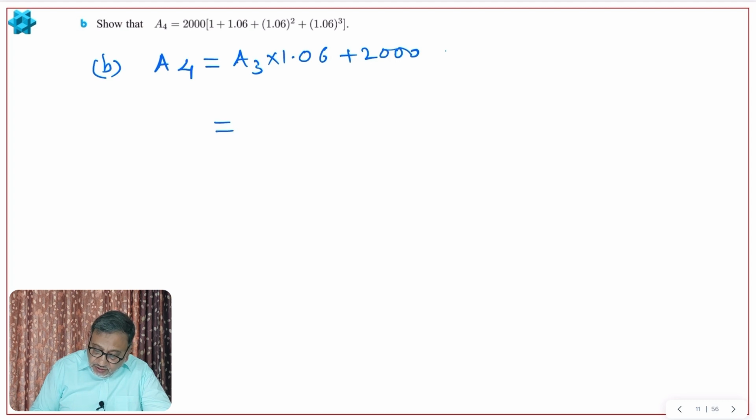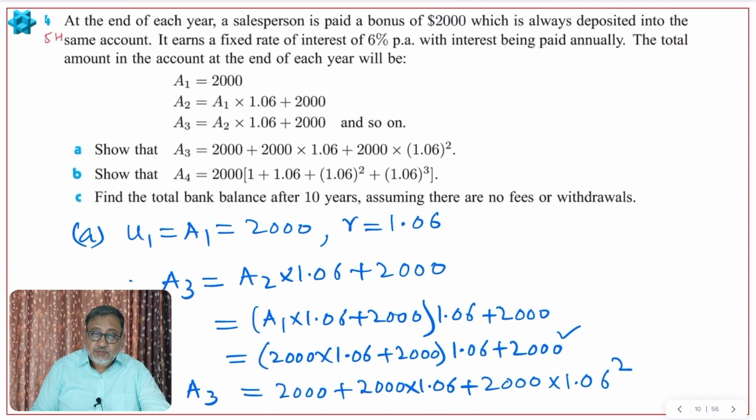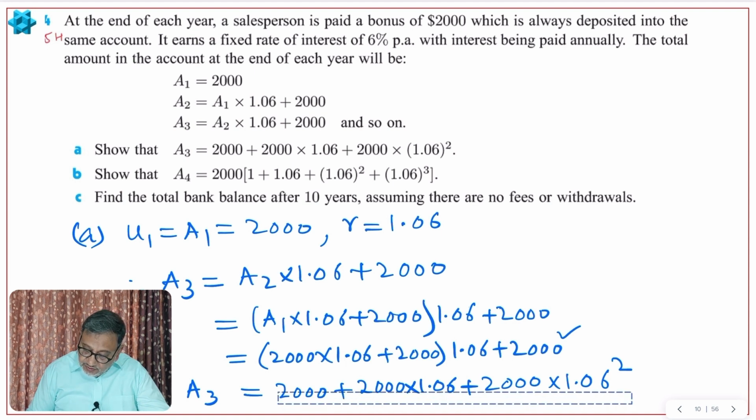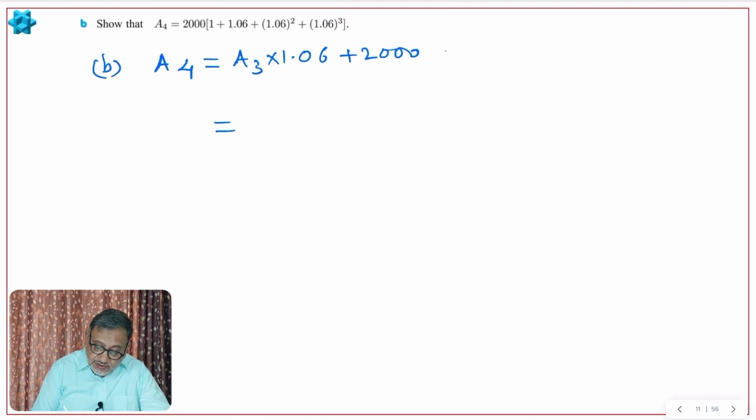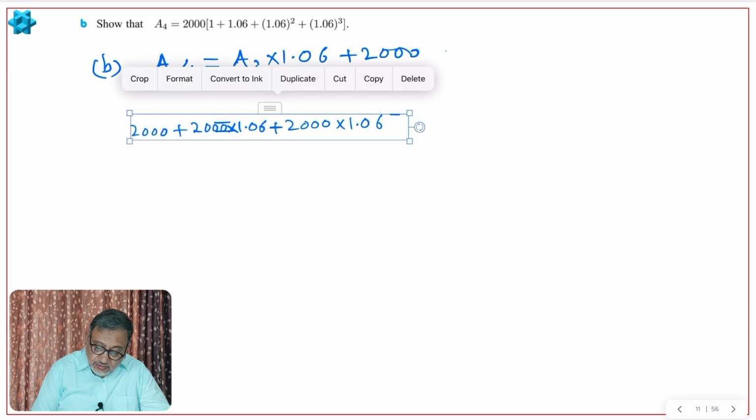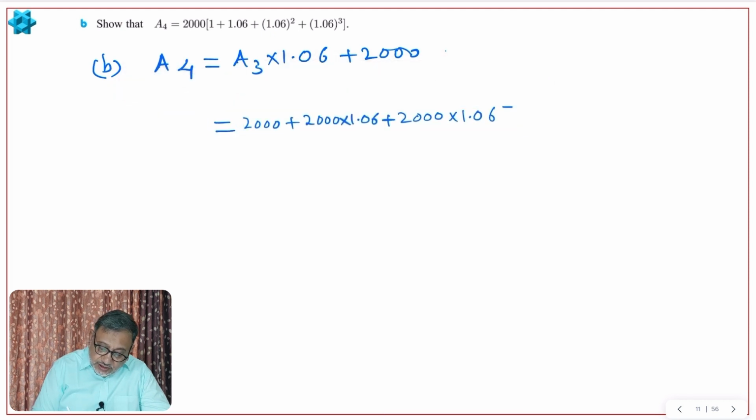Now A3 we already have this answer, so we'll put the whole thing into a bracket. I'll copy the answer of A3 here, this whole answer, times 1.06, and plus 2000.